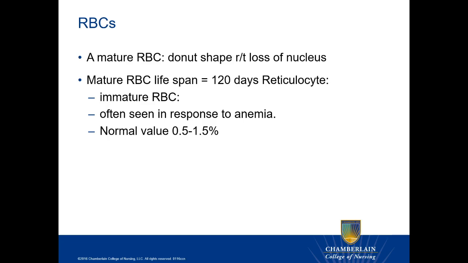Now, a reticulocyte count. Have you seen reticulocyte on any lab values? A reticulocyte, called a retic, is an immature red blood cell. It's often seen in response to anemia and has a normal value of around 1. I always keep 1 in my brain. A reticulocyte being immature, why do we have immature ones?